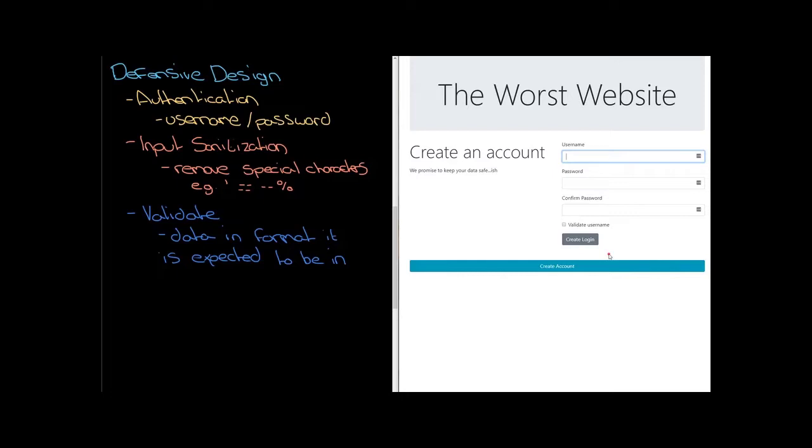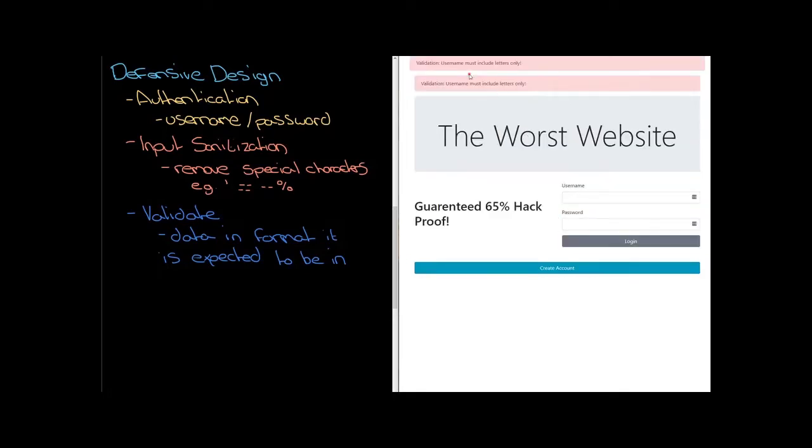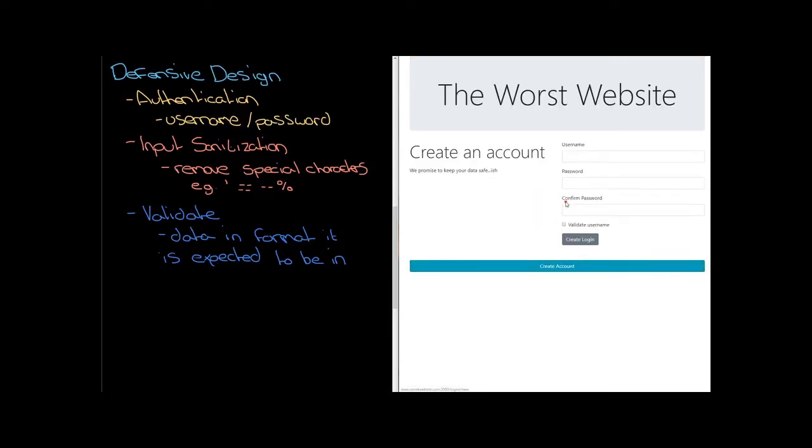If I turn on validation, so I'm going to put on here where I validate my username, and I try to create a new account with numbers in it, then it shouldn't let me anymore. There you go, validation, username must include letters only. That's validation. That's an important part of defensive design. Another part is this idea of verification.